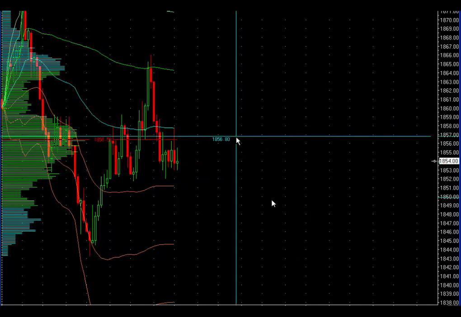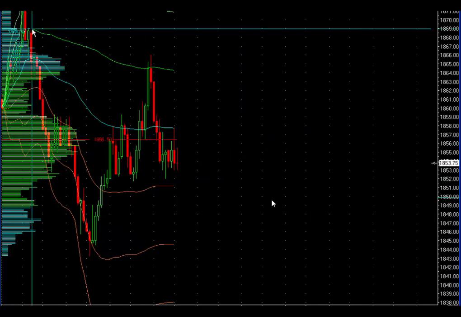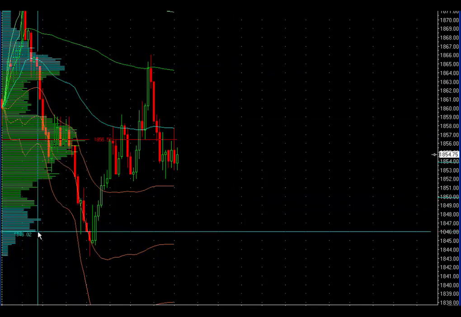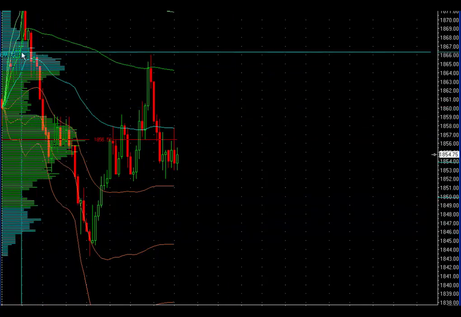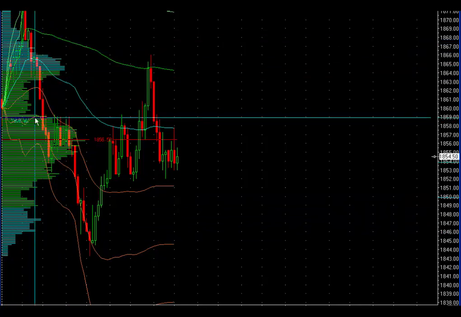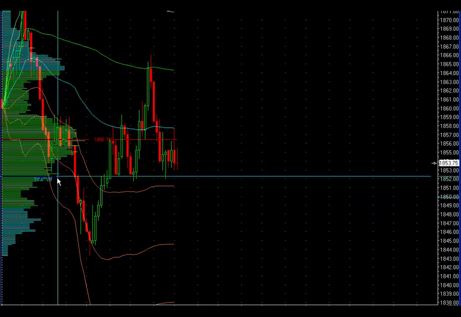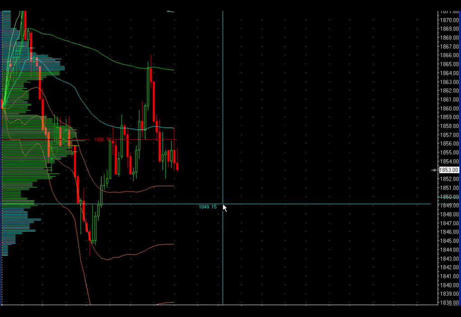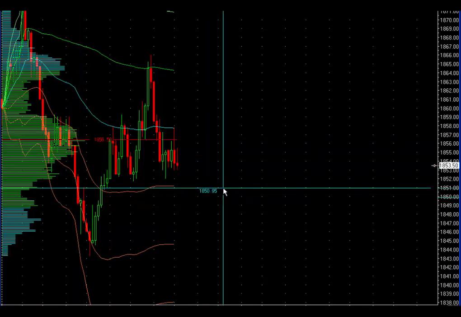You can see with this small skew that the volume distribution function is reasonably symmetric. We got a little peak over here, we've got another peak over here, and then we have the major peak in here where the peak volume price is located. So anyway, we'll just sit and wait. Don't do anything at this point.